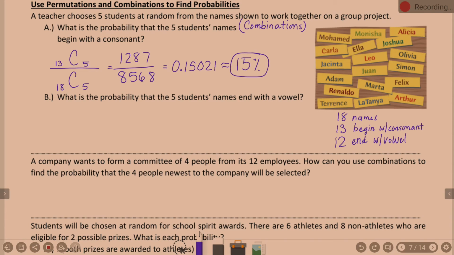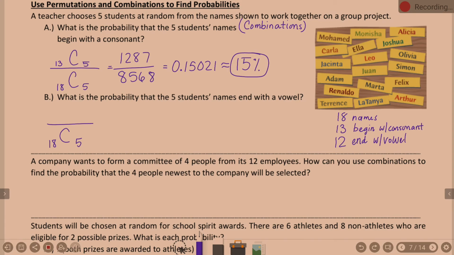Same idea as earlier. Denominator: how many possible 5 student groups are there? That is 18C5, picking from all 18 students, picking 5 at a time.